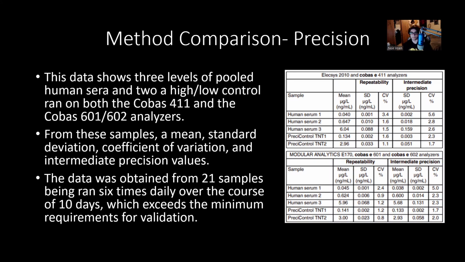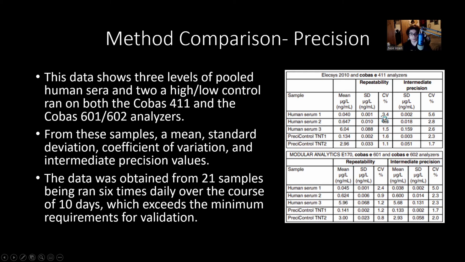So method comparison, precision. Here we have the 411 and the 601/602. We have 3 pooled of each, human serum 1, serum 2, and serum 3 pooled, and then we have the controls, a high and a low. It was done on both instruments, and you can see here on human serum 1, for example, the mean was 0.04 with a low standard deviation and a 3.4% CV. That's very good.